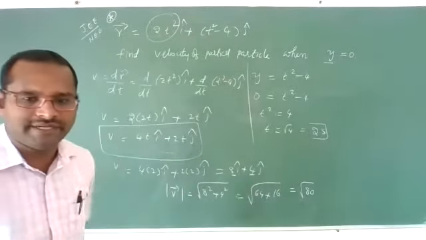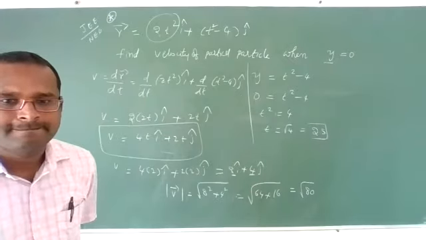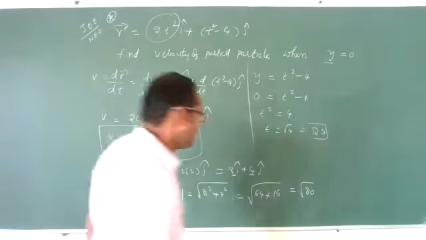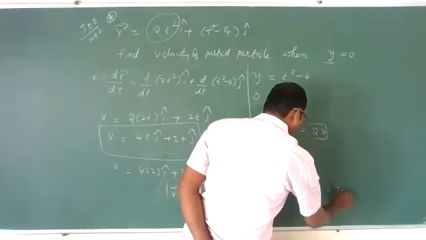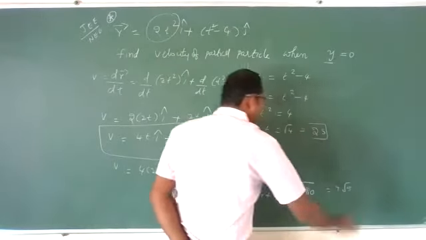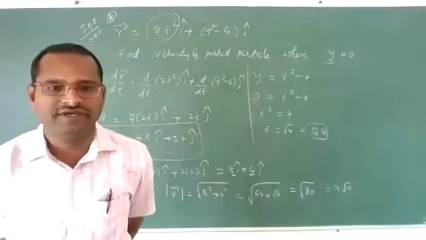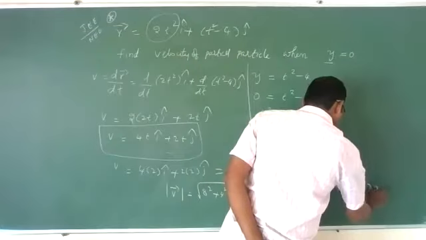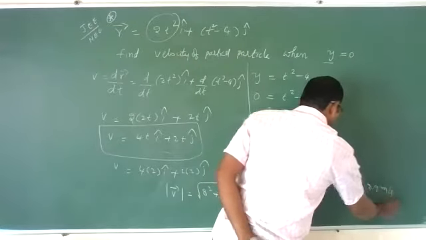Root 80 is 4 root 5, which is about 8.9 meters per second.